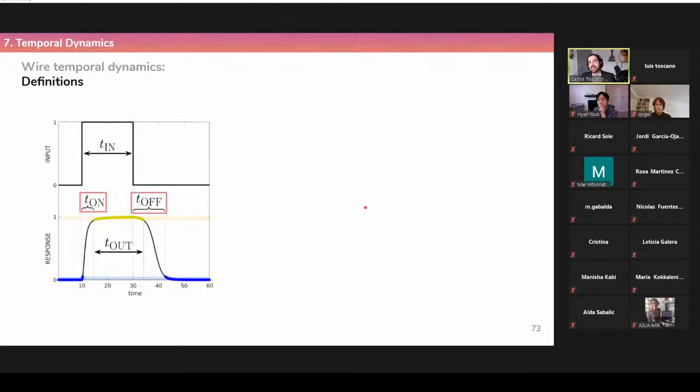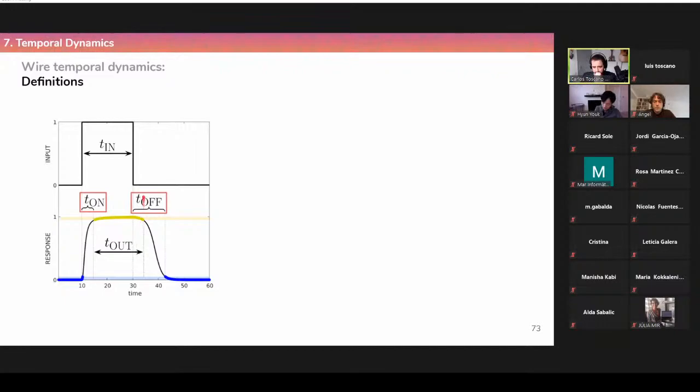Now, let's dig into the temporal dynamics. Let's start with definitions. The input time here is just the duration of the input, whereas the output time, I'm going to consider that it is all the time span in which the response of the receptor strain is considered to be totally induced.